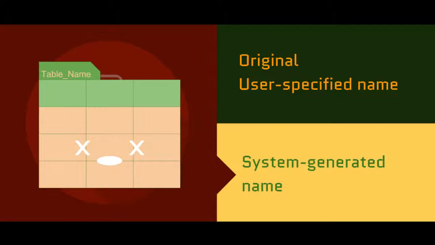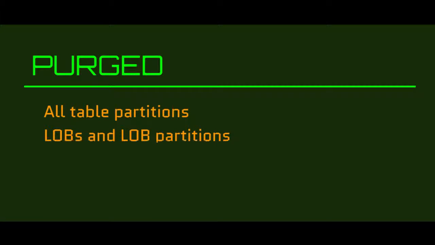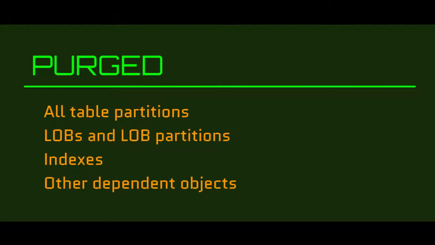System-generated recycle bin object names are unique. Therefore, if you specify the system-generated name, then the database purges that specified object. When the database purges a table, all table partitions, LOBs and LOB partitions, indexes, and other dependent objects of the table are also purged.